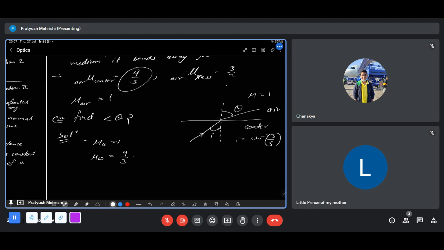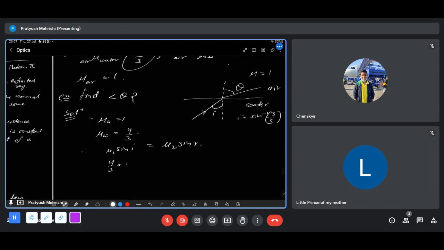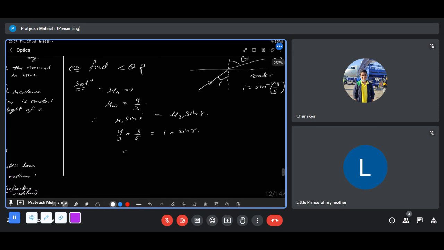Applying Snell's law, mu 1 sine I equal to mu 2 sine R. Means 4 by 3 into 3 by 5 equals 1 into sine R. Sine R equal to 4 by 5. The 3 and 3 will cancel out. So R will be equal to sine inverse 4 by 5. Answer will be 53 degrees, not 37 degrees.